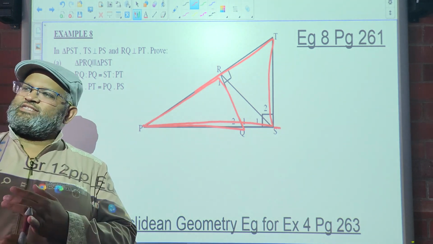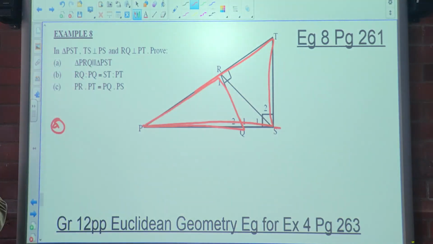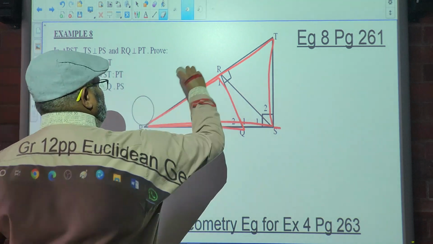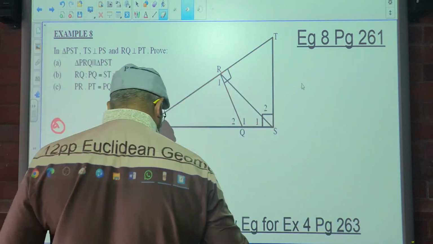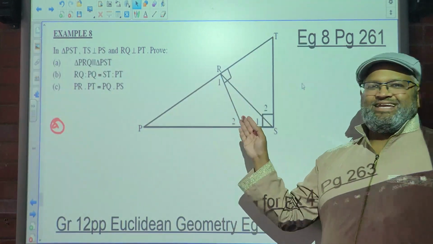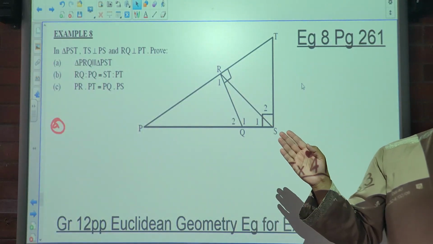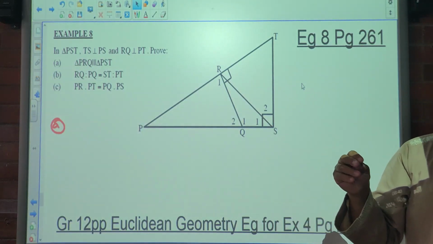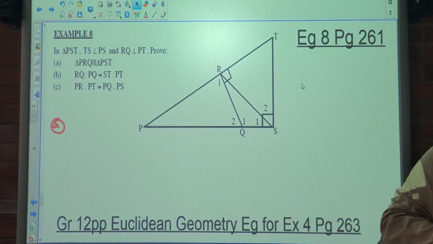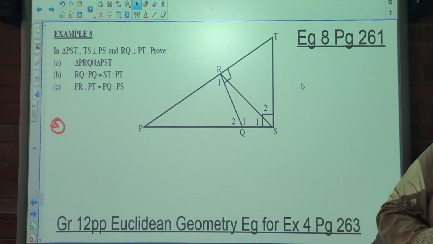However, when you use side, angle, side, it must be the included angle. So we're dealing with similarity here. As you can see, we don't have any lengths given here. So of course we're going to prove that the angles are equal. They're equiangular. Okay, you all understand?